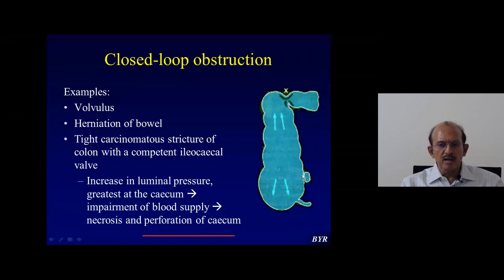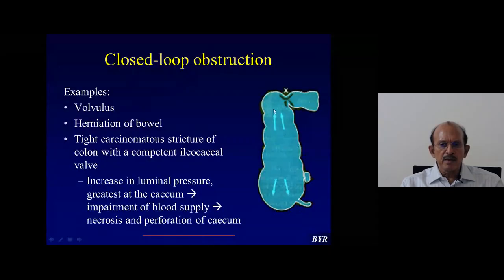The ileocecal valve is competent. Then what happens? Proximal to the obstruction, there will be dilatation. If the ileocecal valve were incompetent, what would happen? All the accumulated gas and fluid could reflux back into the ileum. But it can't go because the ileocecal valve is competent.